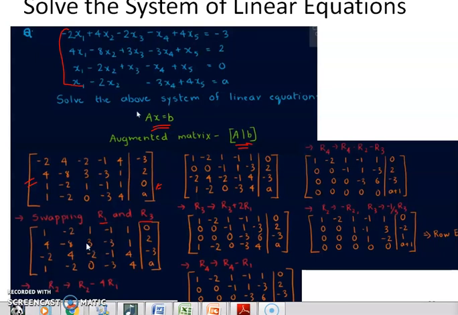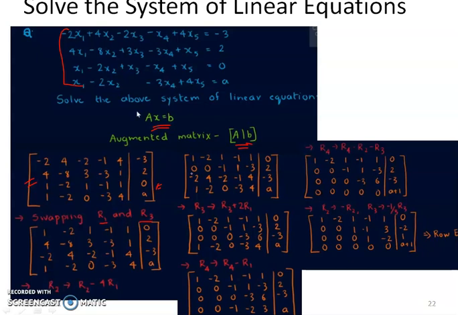You form the upper triangular matrix by performing row operations. R2 becomes R2 minus 4R1, and thereby you get 0 in this portion, and you write the other values computed after this operation.